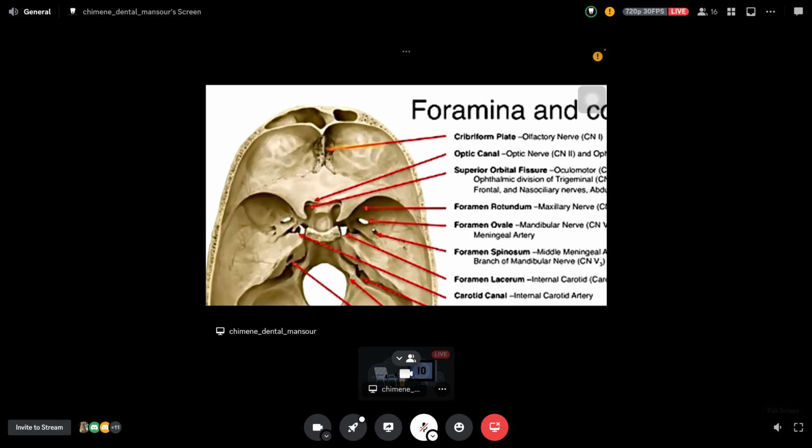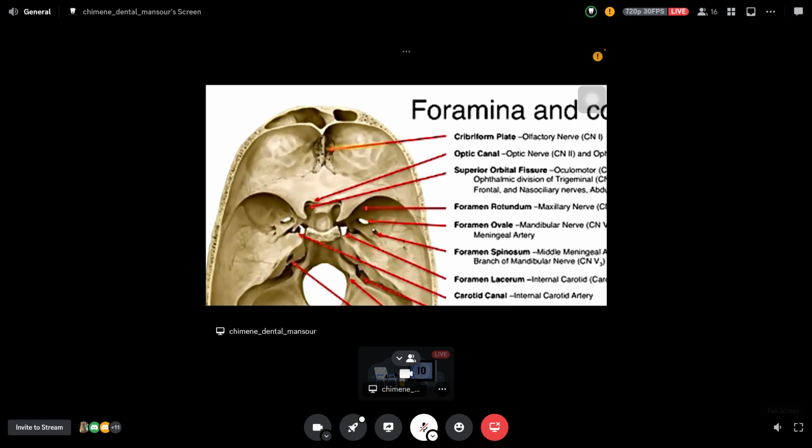Here you can see, from the nasal cavity, the concha. Superiorly to the palatine process, you have the inferior nasal concha.